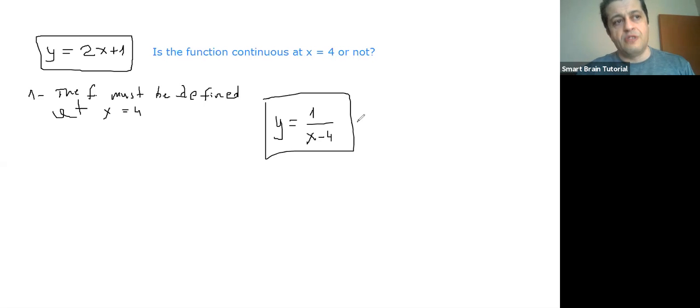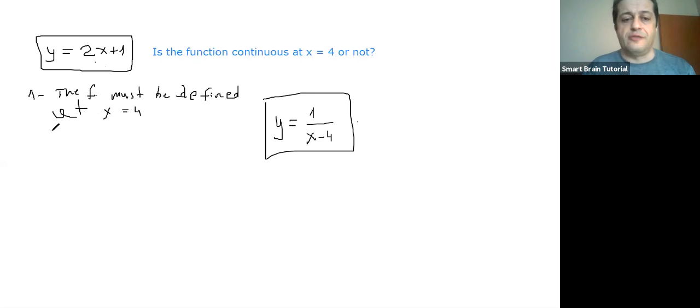The denominator of a fraction cannot be 0. Here it would be a problem, the point x equal to 4, but in this function here it is not a problem.